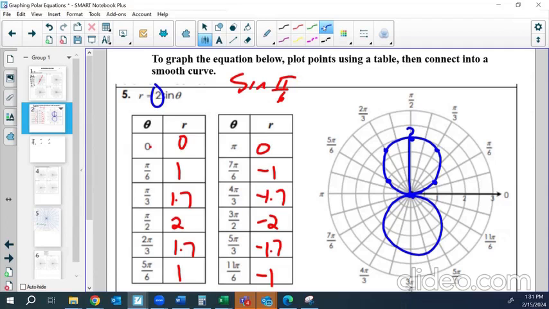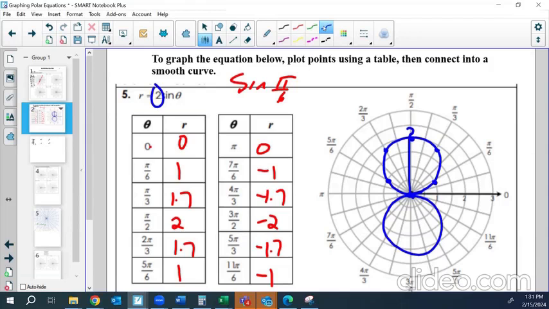All right. Now, if this was R equals A cosine theta, where do you think the circle would be? On the left and right. Okay. If A is positive, then we look like this. Okay. And that's when A is greater than 0. And when A is less than 0, then it will be on the other side.